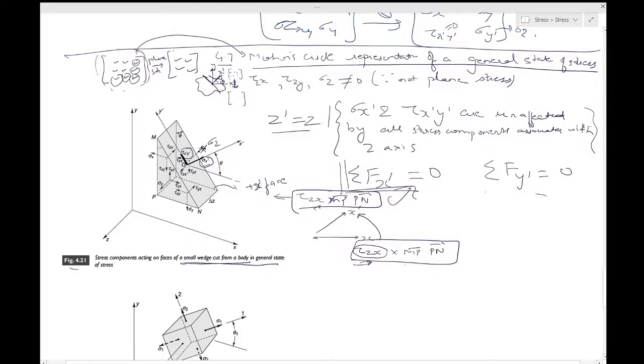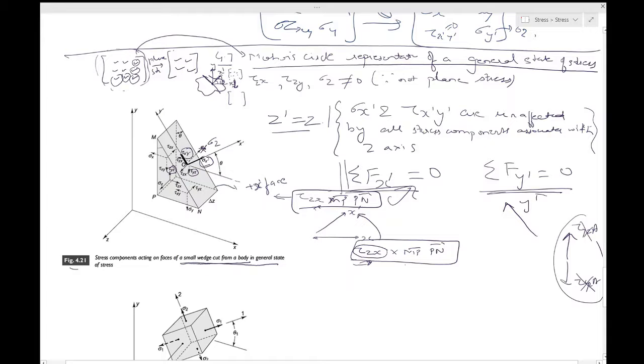Now consider the second case. In this case you have a tau yz that will give you a force, so this is y dash. You will have tau yz into area. Similarly you will have this tau yz into area, which is equal and opposite, so they will have zero resultant contribution.